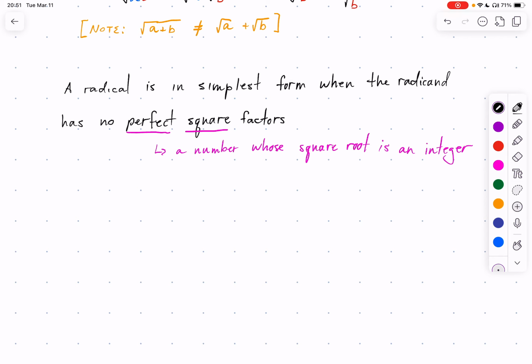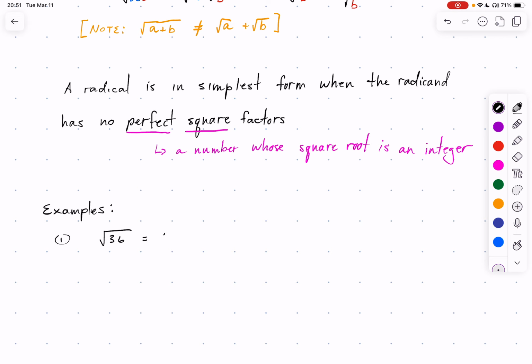Okay. So let's do some examples of simplifying some square roots. Obviously we can have something like the square root of 36. Okay, and so we all happen to know that 6 times 6 is 36.